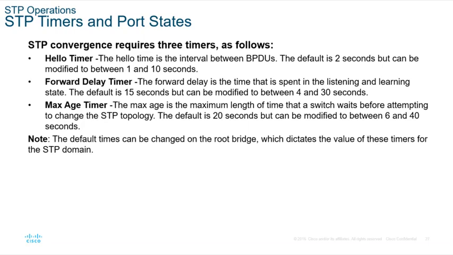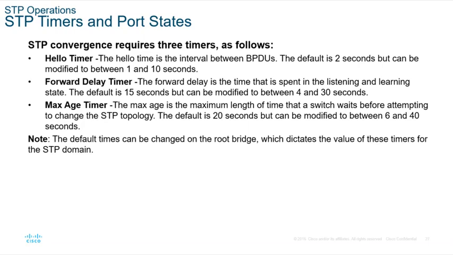The default is 2, and it can be modified between 1 and 10. Attention guys, the default is 2. Every 2 seconds, it sends the BPDU message and exchanges that message with the neighboring switch, but it can be edited to between 1 and 10.